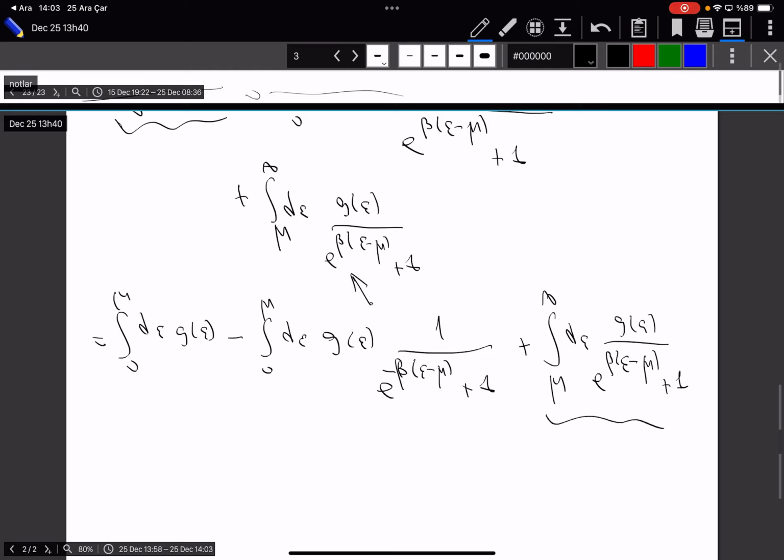In this integral, let me call beta epsilon minus mu as x. In the other integral, let me call beta mu minus epsilon as my x. If I do this, the integrands in both integrals will be equal.